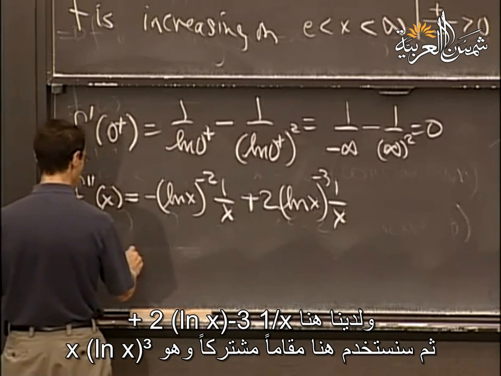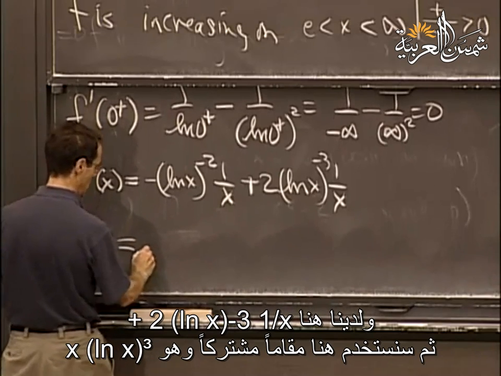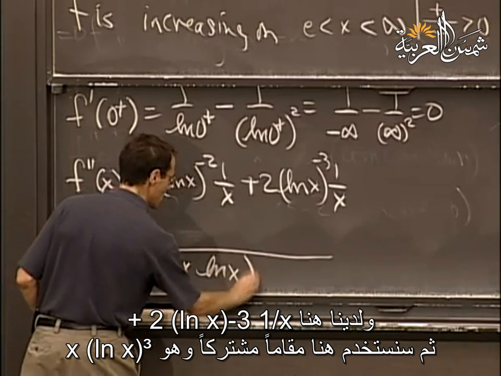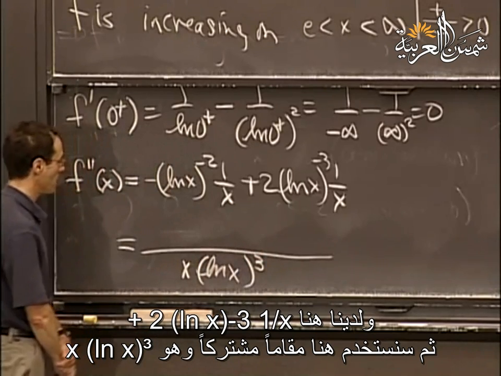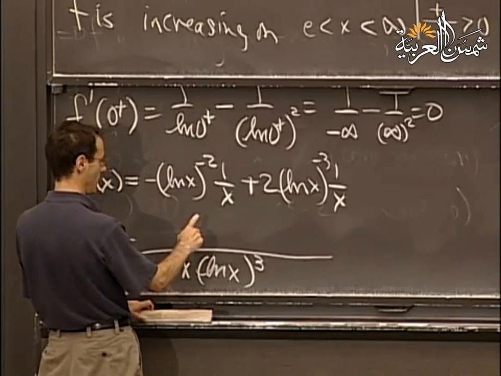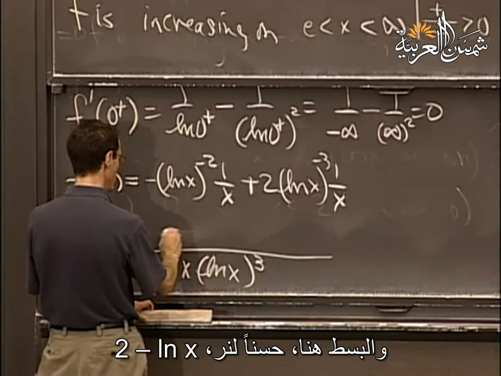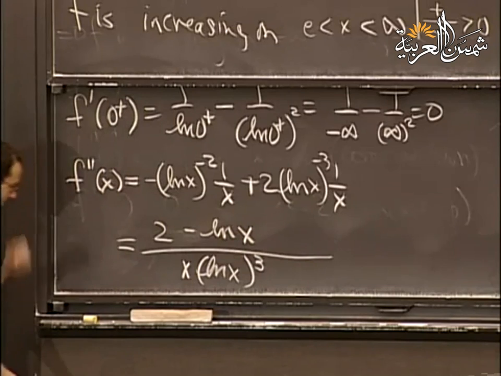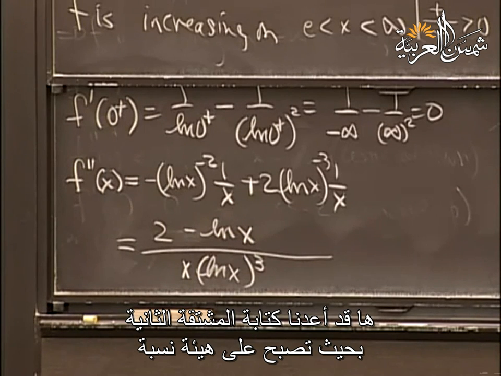And that, if I put it over a common denominator, is x log x cubed times, let's see here, I guess I'll take the 2 minus log x.